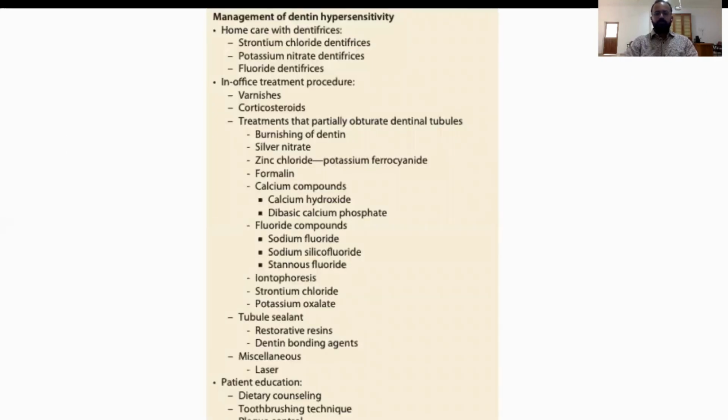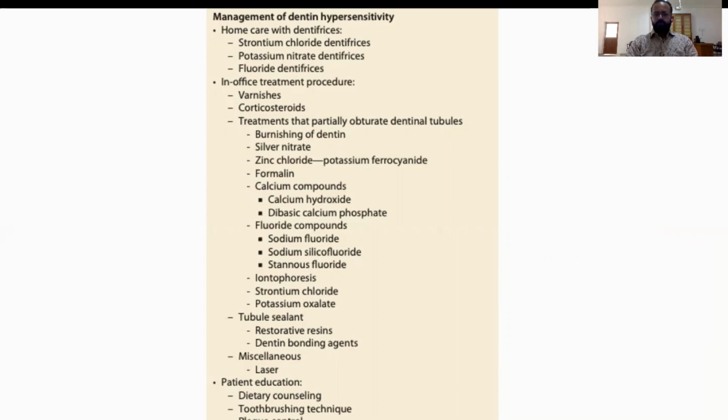So this is the summary of what we have discussed so far. Management of dentin hypersensitivity can include home care with desensitizing agents, which include potassium nitrate, stannous fluoride, or fluoride dentifrices. In-office treatment uses varnish and corticosteroids.